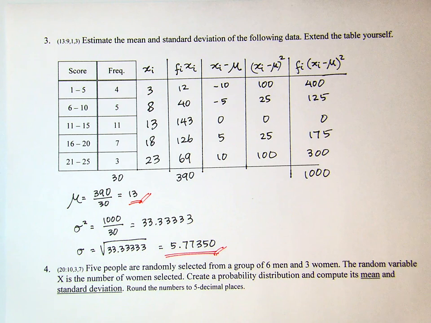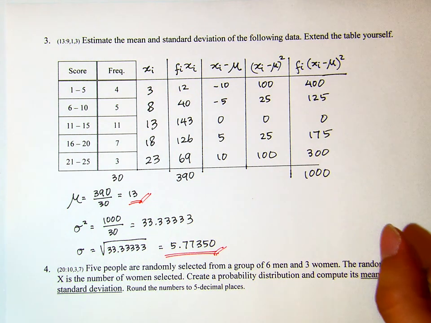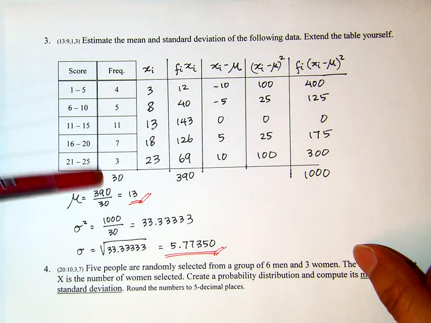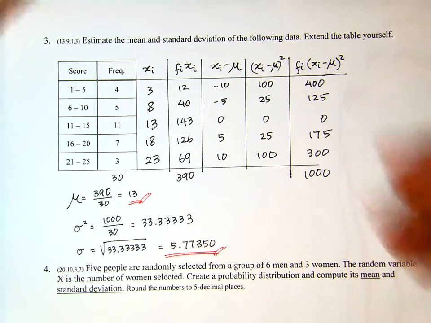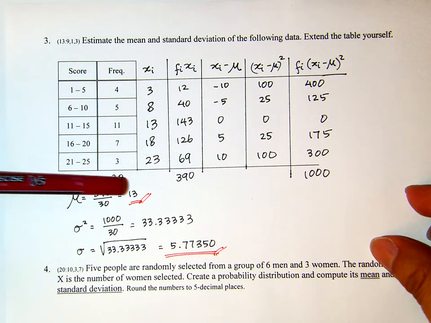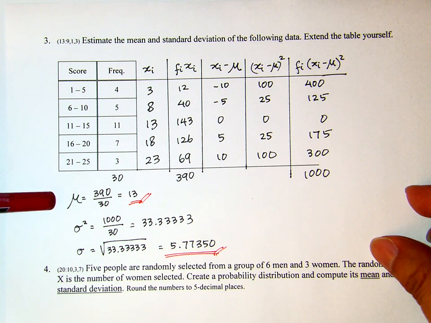If there's no such hint at all, then we assume that's a population. Second, you need to get the midpoint here. That's one extra step, right? And you cannot do the second extension if you cannot do the first extension. Compute the mu first. So you see how important this is for you to proceed.